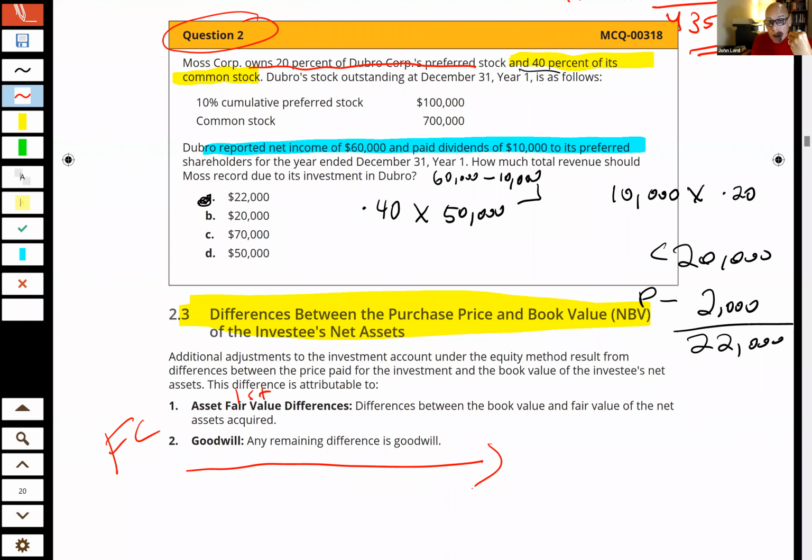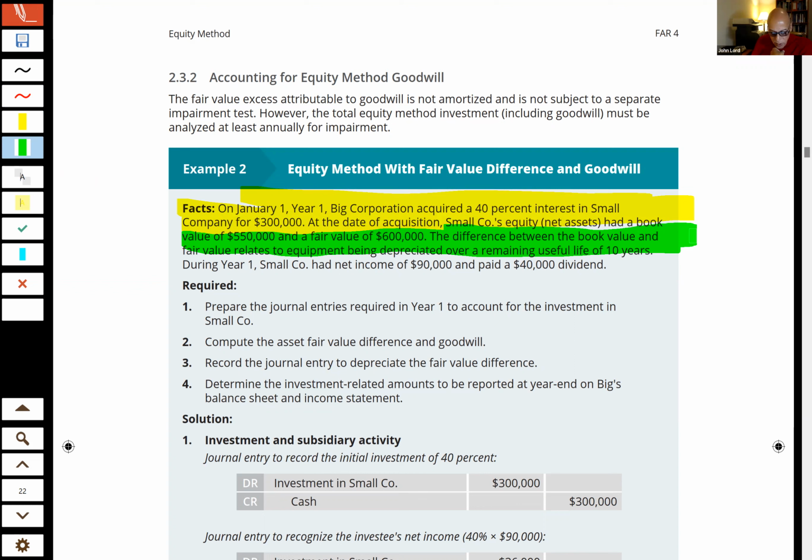At the date of acquisition, small company's net assets had a book value of $550,000 and a fair value of $600,000. The difference between the book value and the fair value relates to equipment being depreciated over a remaining life of 10 years. And then they tell us the net income, and they tell us the dividend.